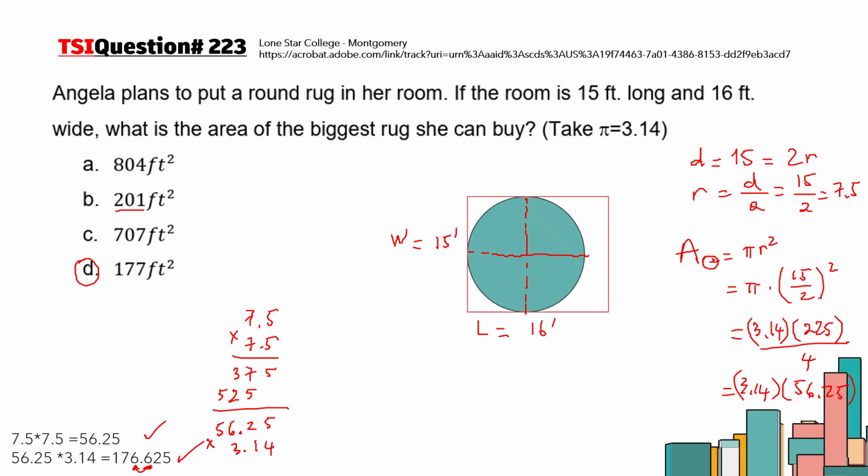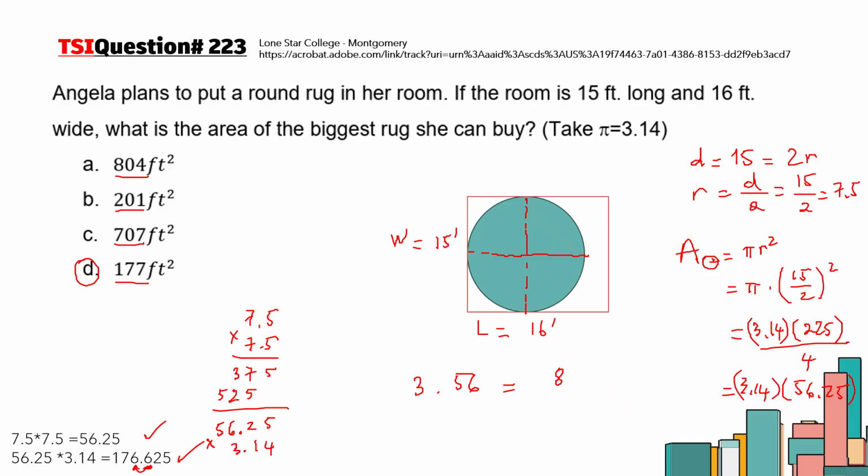As we look at the answer choices, the range between them is far apart. So this is 200, 800, 700, 100. So we can estimate instead of doing the exact value. For example, I will not take 3.14, I just take 3, and I will not take 56.25, I just take 56. When I perform this, I will know 3 times 6 is 18.